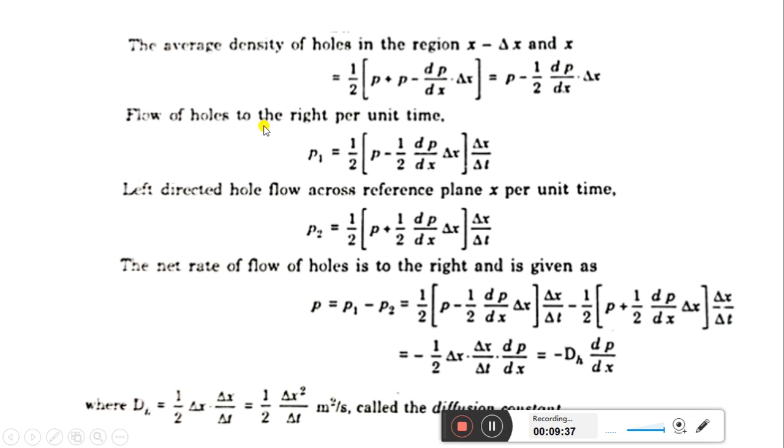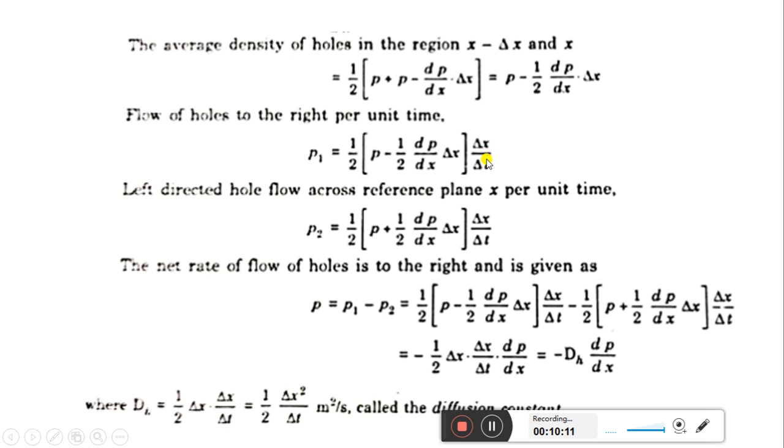Now let us find out the flow of holes to the right per unit volume. Flow of holes means the velocity or the hole current. In terms of the velocity, that is the mean velocity. So what is the mean velocity? Mean velocity is nothing but delta x by delta t.